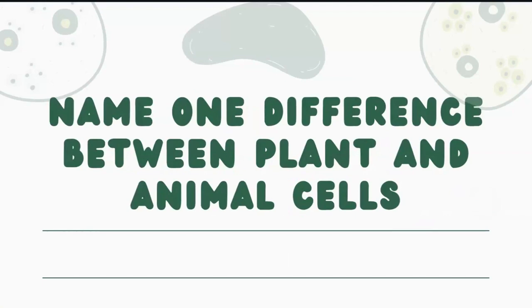There are two, but if you can just name me one difference between plant and animal cells. To give you guys a hint, one of the differences is the thing that allows plants to take energy from the sun and turn it into their own energy. I don't know if you guys remember what that is called.